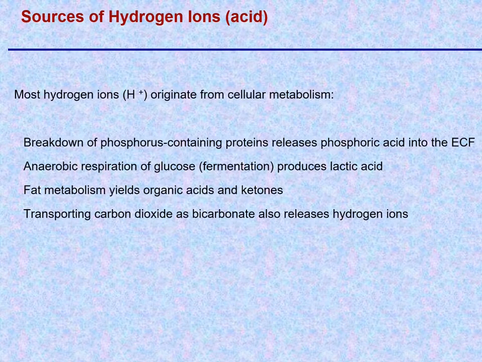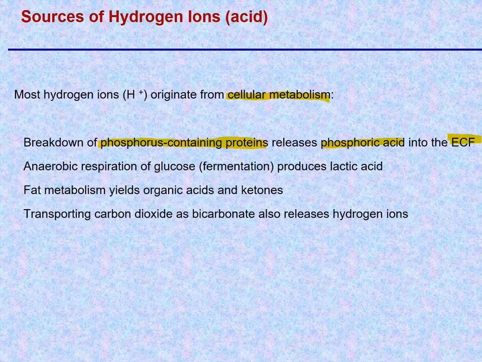Okay, in terms of sources of hydrogen ions in the body, most originate from cellular metabolic activity, particularly the breakdown of phosphorus-containing proteins. A very high percentage of proteins in the body are phosphorylated, and this results in the release of phosphoric acid into the extracellular fluid.